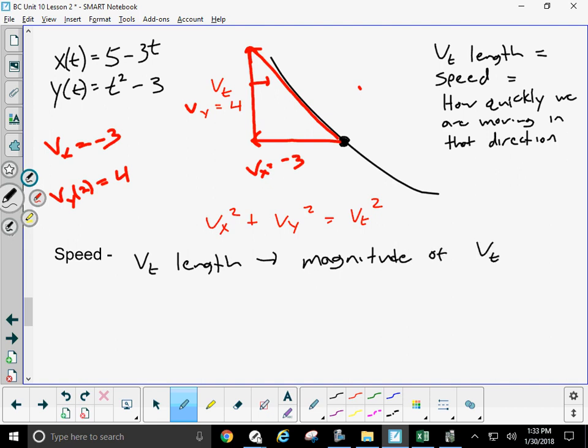And the mathematical, physics notation for magnitude is sometimes a set of two vertical lines. And that will just use the Pythagorean theorem. Take the square root of v of x squared plus v of y squared. Okay, it's that simple.